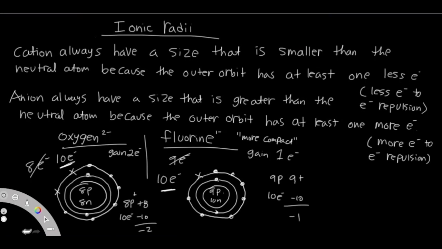Again, they're attracted, right? The negatives attracted to the positives. Same thing here. 10 electrons, same amount. Only 8 protons. It will still be attracted, but not as much. It has 1 less proton than the fluorine. So it's not going to be as fun. This is why fluorine is going to be smaller.